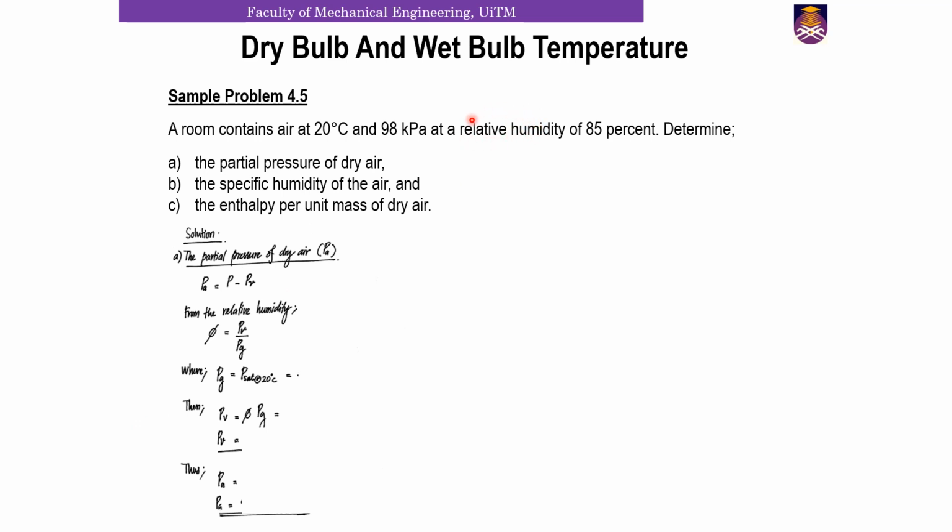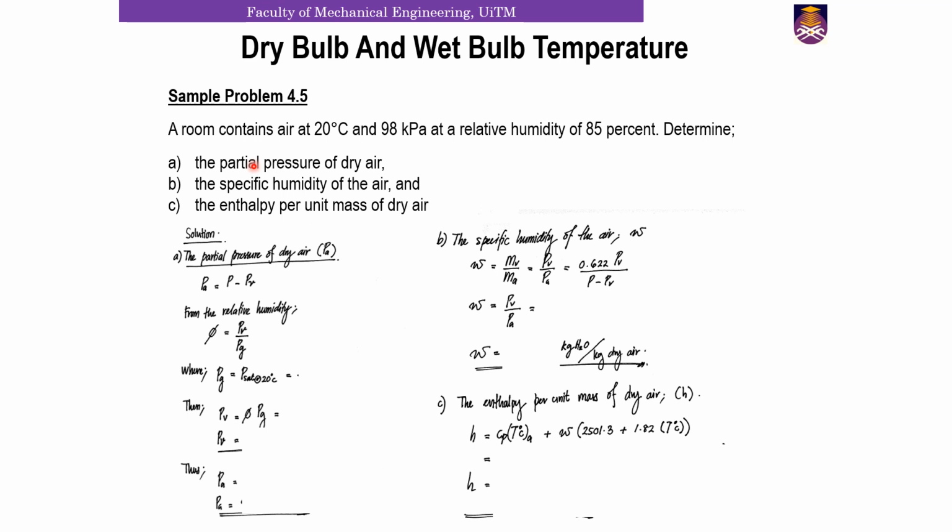Point to note here, this is given in percentage, 85%, but when you substitute here, you must convert this percentage to 0.85. So you will have 0.85 multiplied with the value that you find from here. That will give you your PV. Substitute PV here. Total pressure is given as 98 kilopascal, and you should be able to find your partial pressure of dry air.